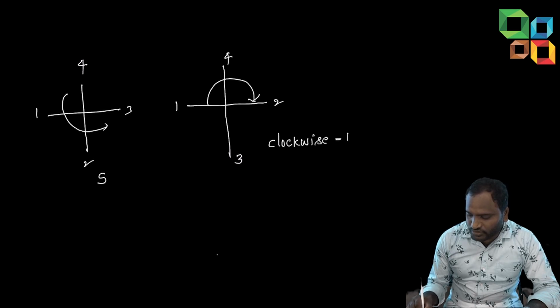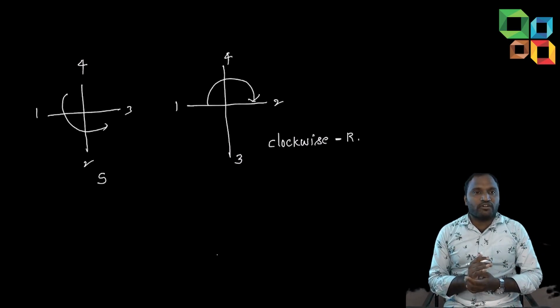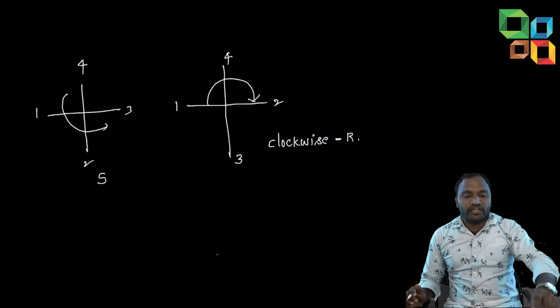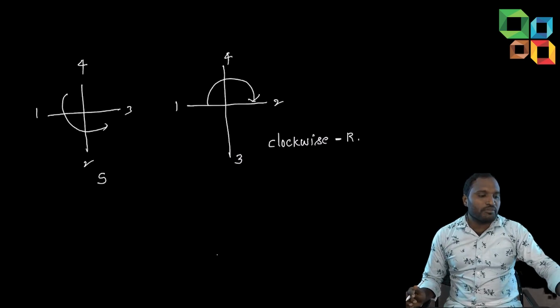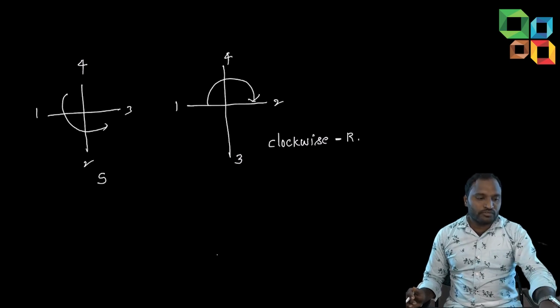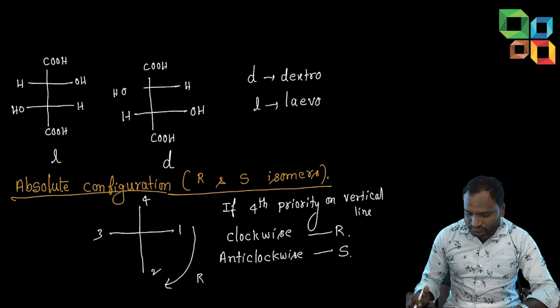In this case, if you remember, how do you know the priority? As we learned in E and Z configuration, priority is directly proportional to atomic weight. I'll give a few examples. We'll try it. Understood, students? First, copy these things.